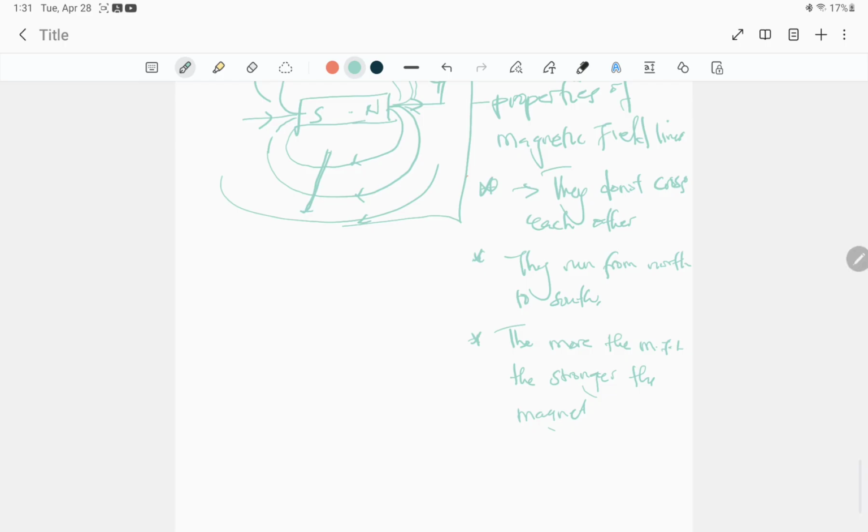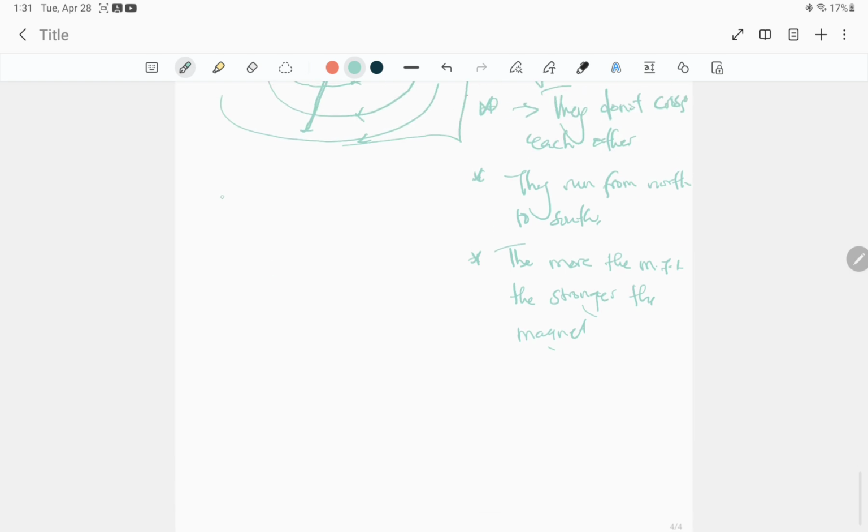So how do they behave when they come into contact with other magnets? Let's say we have this north south, and we also have another magnet which is north south. If you look at these two magnets, you're going to discover that the magnetic field lines will start moving from north coming to south like this. They will be behaving in that order.